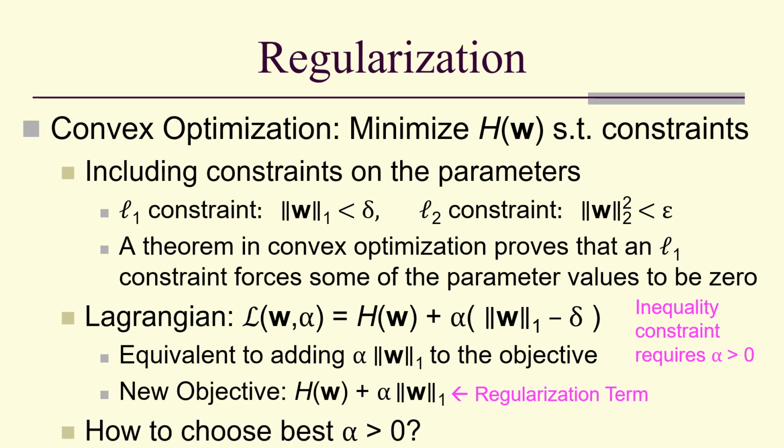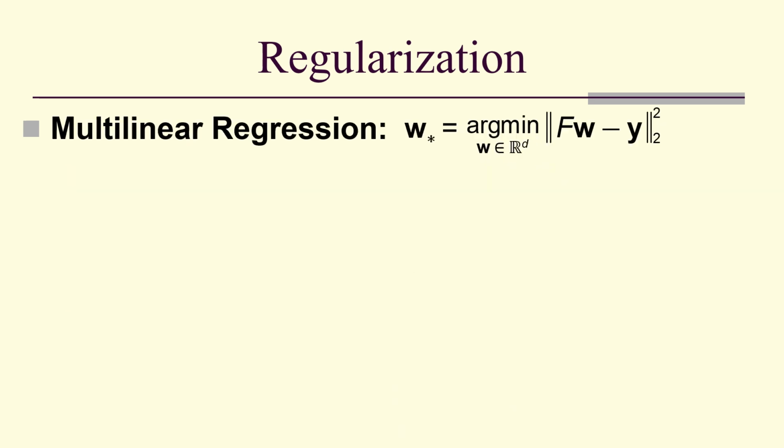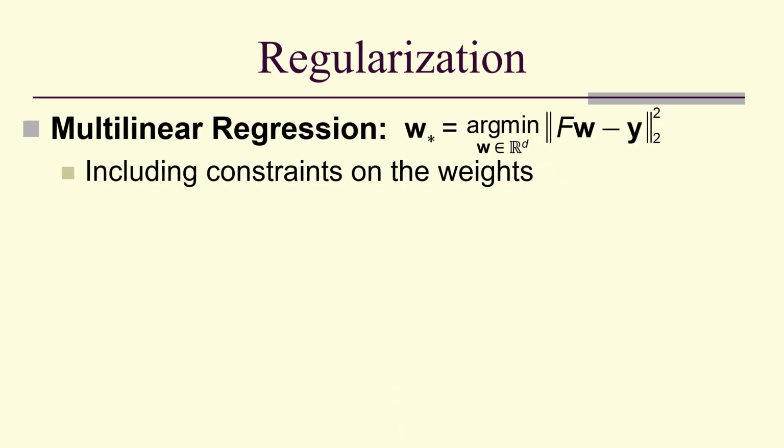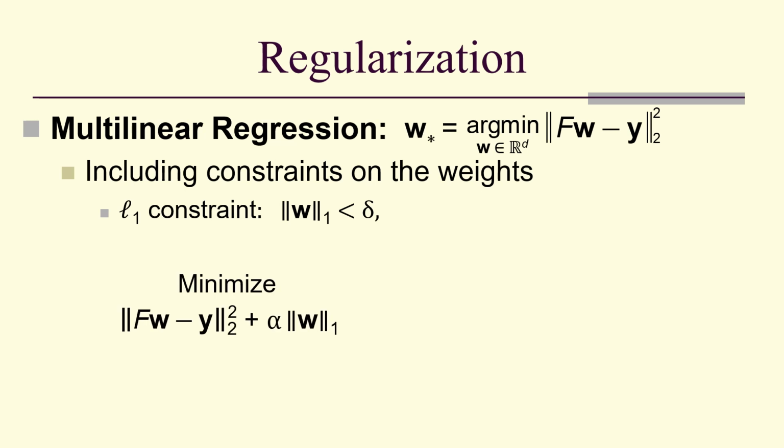So how do you choose the best alpha greater than zero? Well, we use the AIC, the Akaike information criterion. So here's multilinear regression, and we're going to include some constraints on the weights. So here's my L1 constraint, which means I'm minimizing the Euclidean norm squared of FW minus Y, plus my regularization term alpha times the norm of W1.